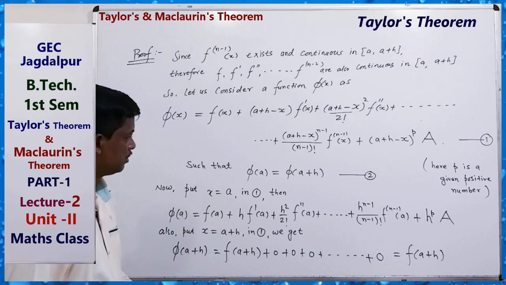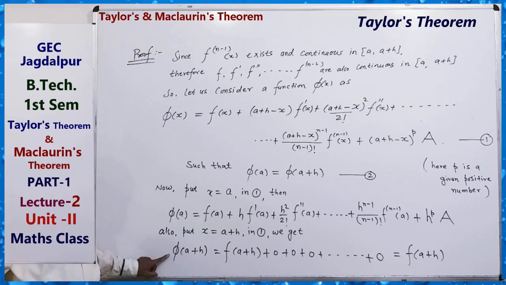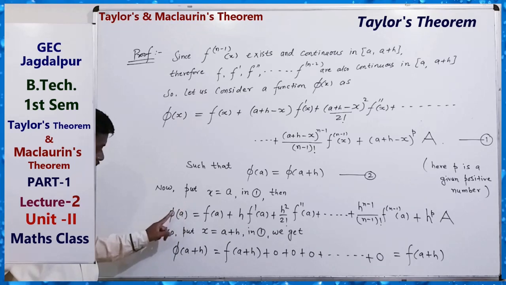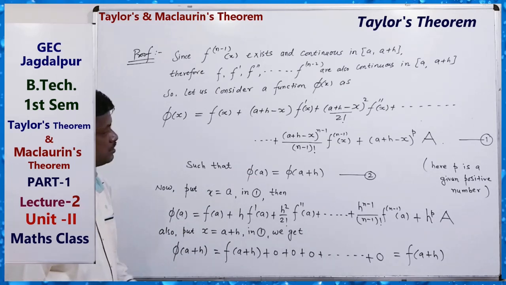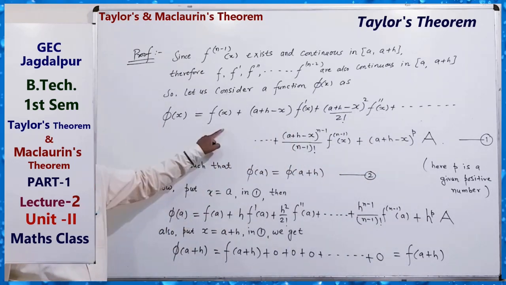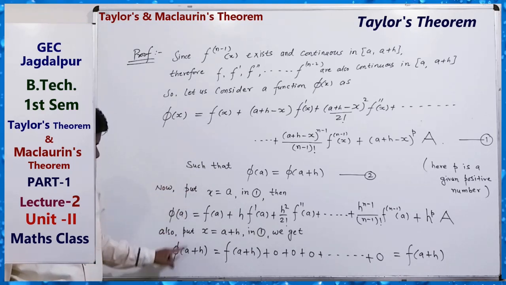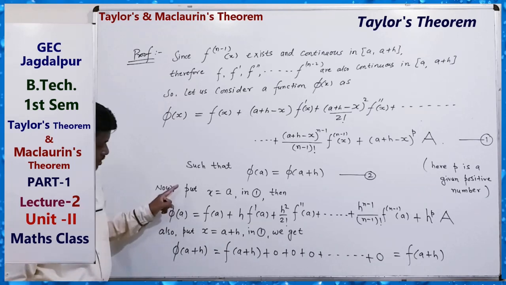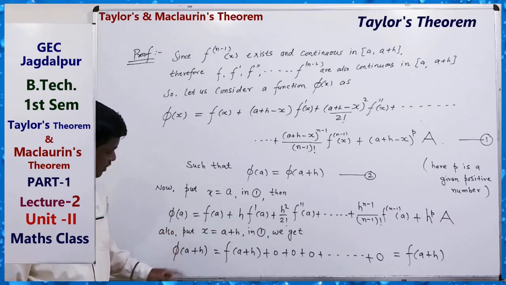Now, using the above values of phi a and phi a plus h with equation 2. Equation 2 means phi a equals to phi b. With equation 2 we get phi a equals to phi b, that means this equals to this. See here, this is our supposition. Now this is the value of phi a plus h.